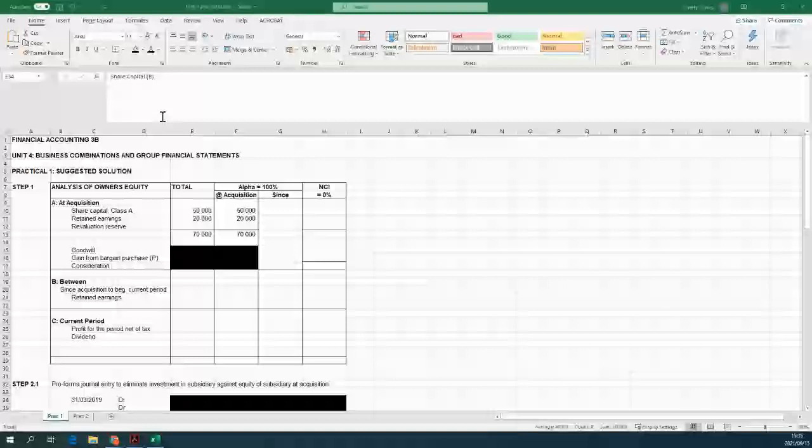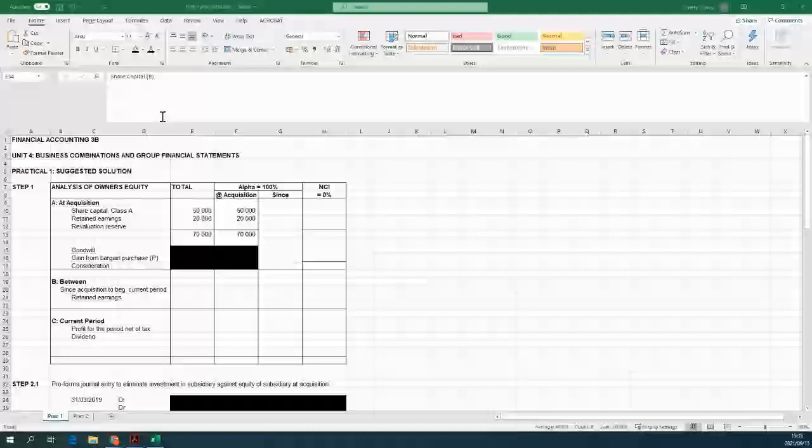So here the question said, complete the analysis of owner's equity template below for Alpha's investment in Beta as at 31 March 2019. So we need to have a look at the information given to us in the scenario. If we have a look at the share capital of Beta, we can see that Beta has share capital of 50,000 and they have retained earnings in their trial balance of 20,000.